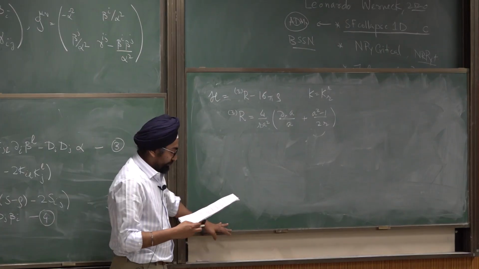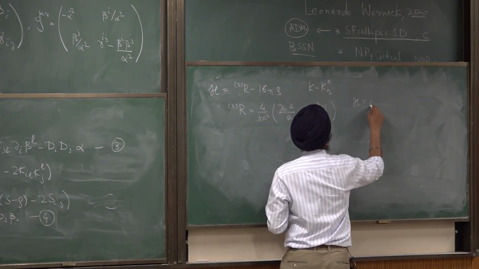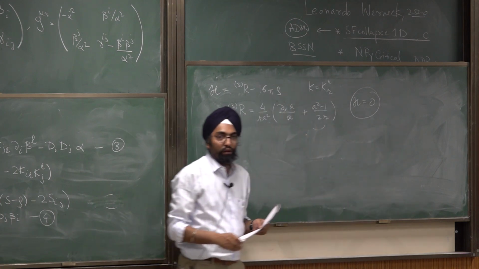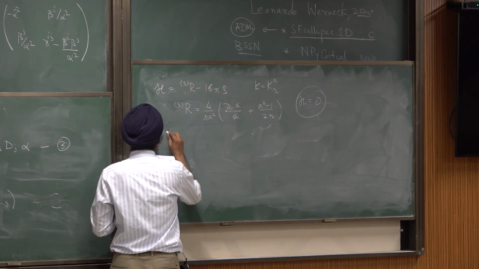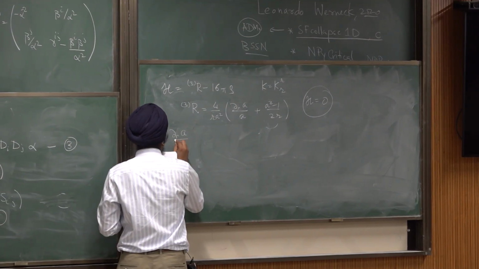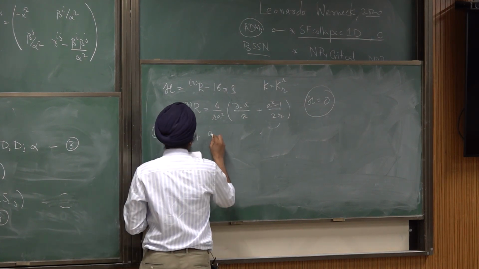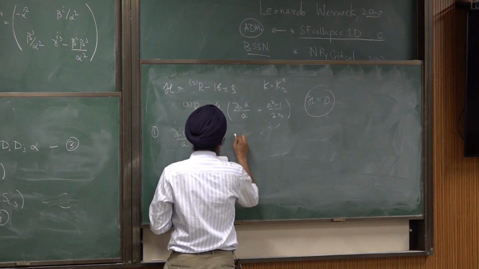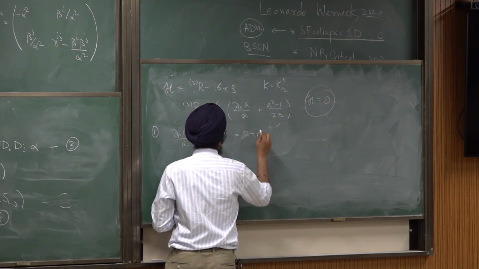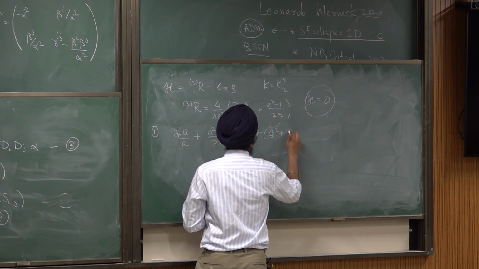Since we know that H is equal to 0, analytically the Hamiltonian constraint must be satisfied. So it gives us the equation del R of A by A plus A square minus 1 by 2R equals 2 pi R times phi square plus pi square.